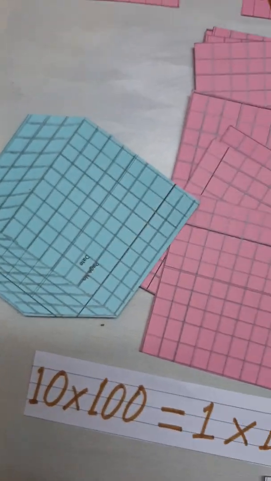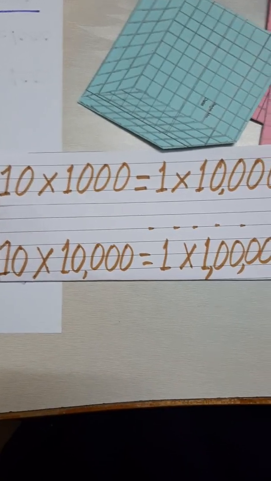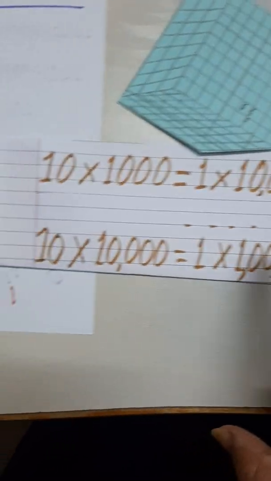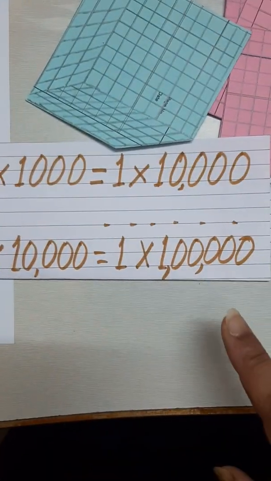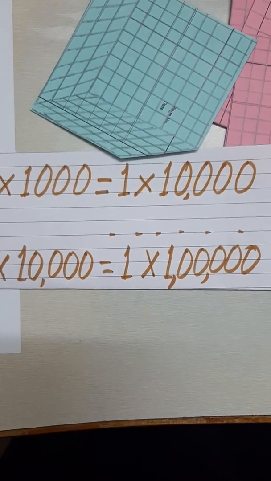This is the 1000 block. So 10 times 100 is equal to 1 time thousand. In the same manner, 10 times 1000 is equal to 1 time 10,000, and 10 times 10,000 is equal to 1 time lakh. Now let us solve this question.